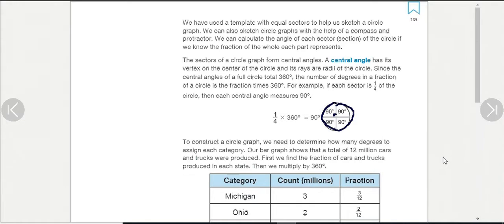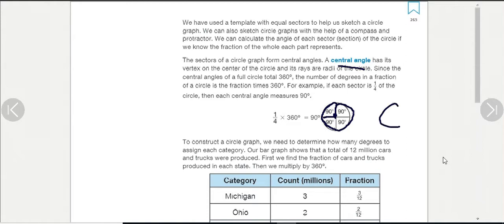The sectors of a circle graph form central angles. What's a central angle? It has its vertex right here on the center of the circle, and its rays are radii of the circle. So it's right in the center, and then each side is a radius. That means it's a central angle.